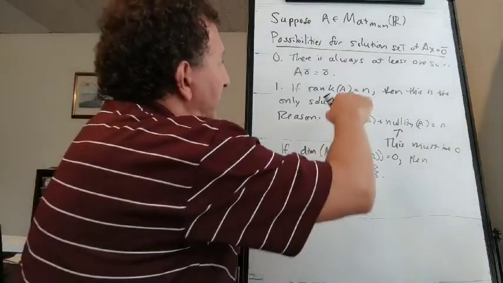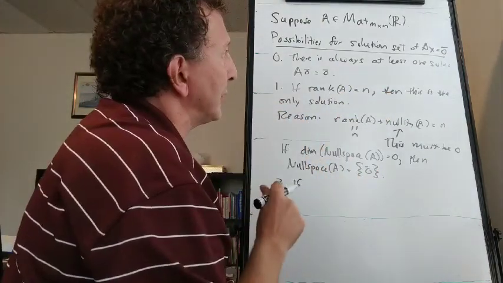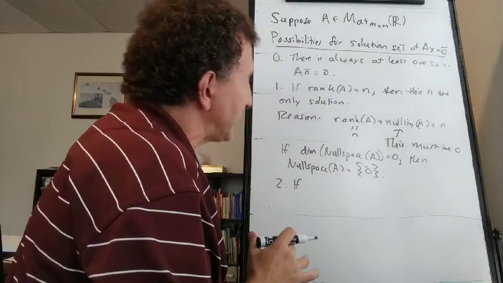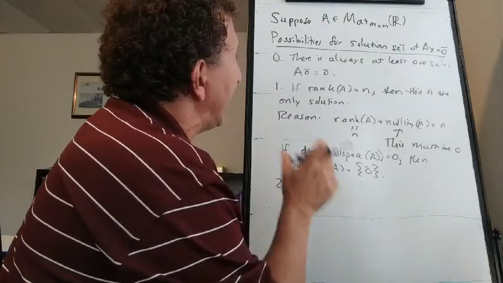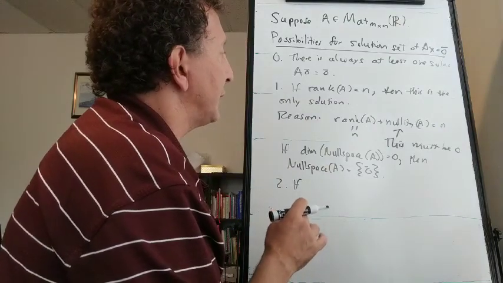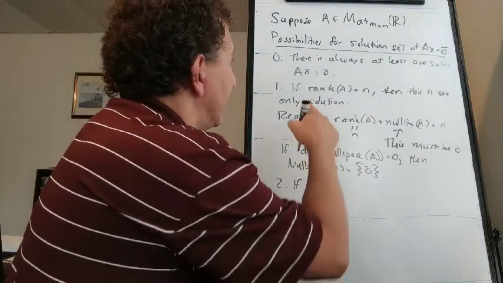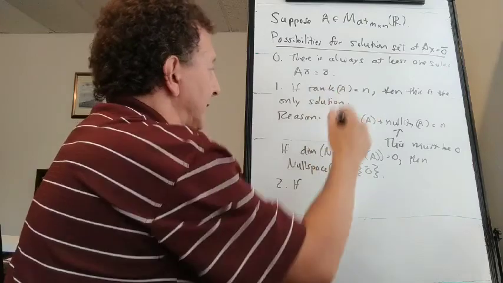Now the rank of A can't be greater than n because we can't have a dimension greater than the number of vectors we have. So n vectors can't span a space of dimension greater than n. So the other possibility is that the rank of A is less than n.